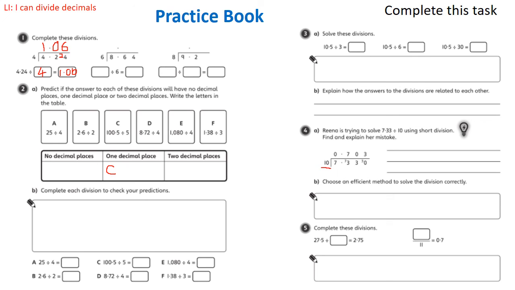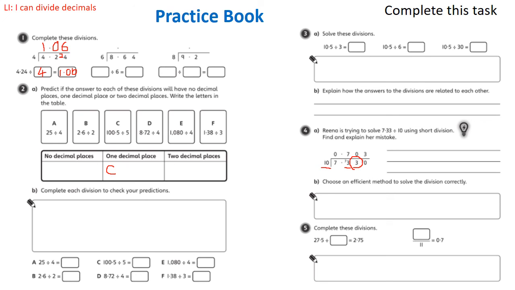So how many lots of 10 can we get from 7? We can't get any. So she's carried over the remainder to make 73. How many lots of 10 can you get from 73? She's right, you can get 7 lots. But what hasn't she done? What's the mistake she's made here? I'll leave you to finish that one off.